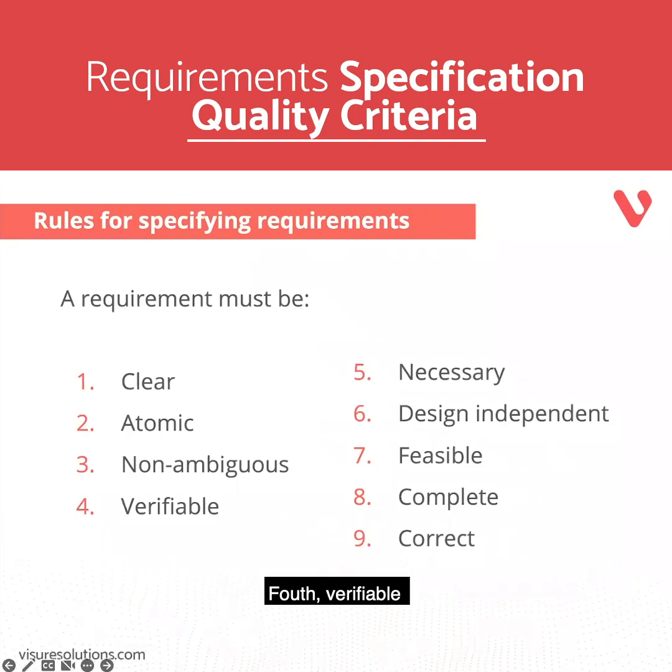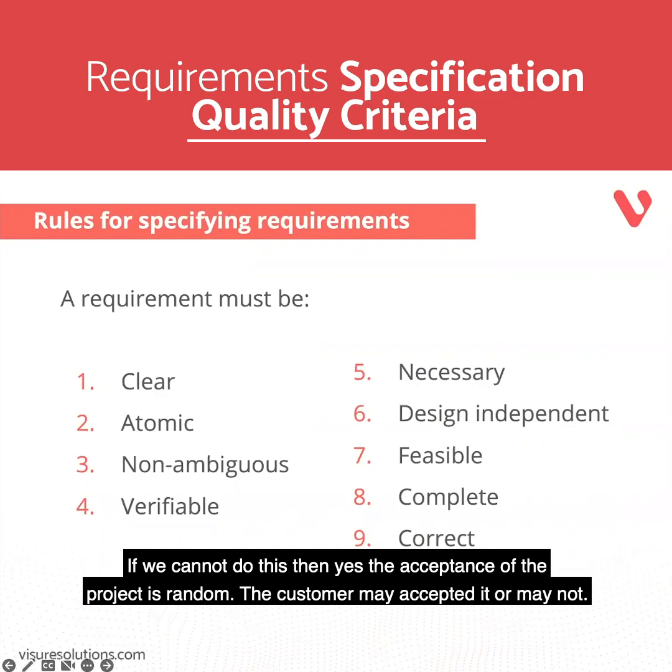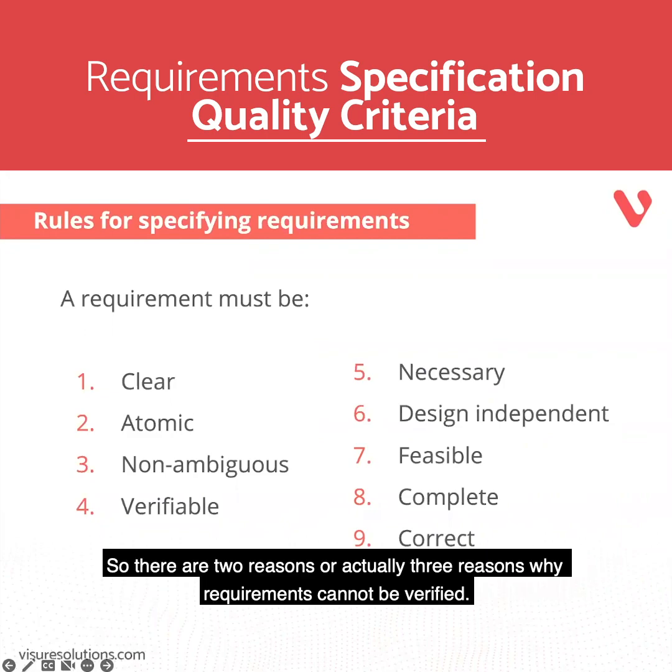Fourth, verifiable. Verifiable means that we will be able to establish a test that will determine whether the requirement is passed or not. If we cannot do this, then the acceptance of the project is random. The customer might accept it or might not. So there are two reasons, or actually three reasons, why requirements cannot be verified.